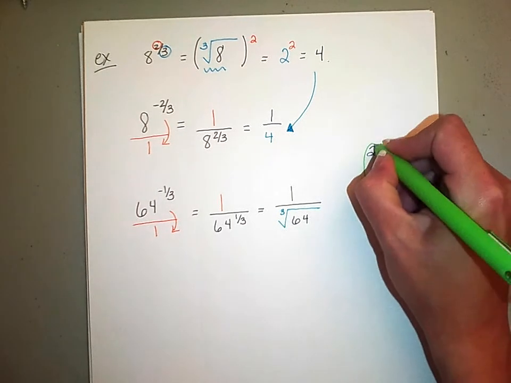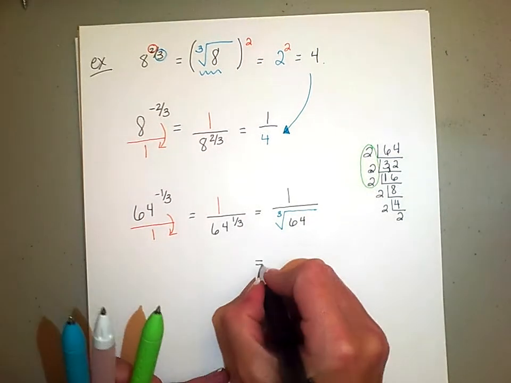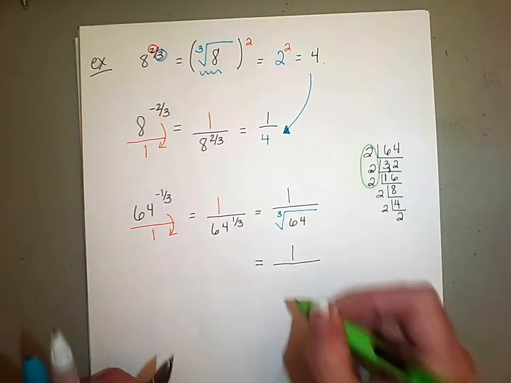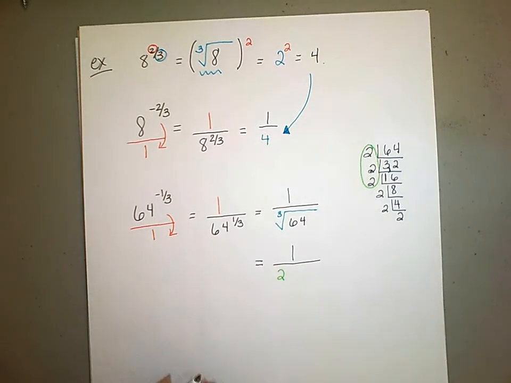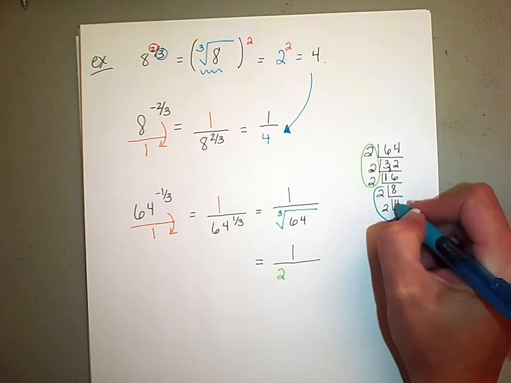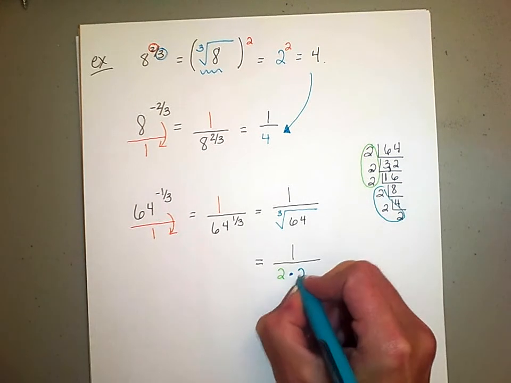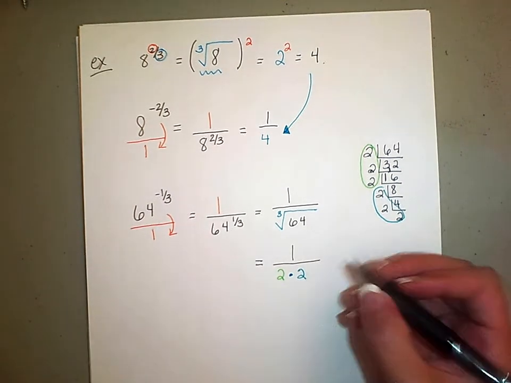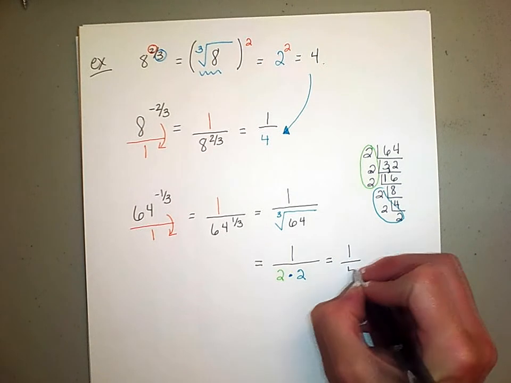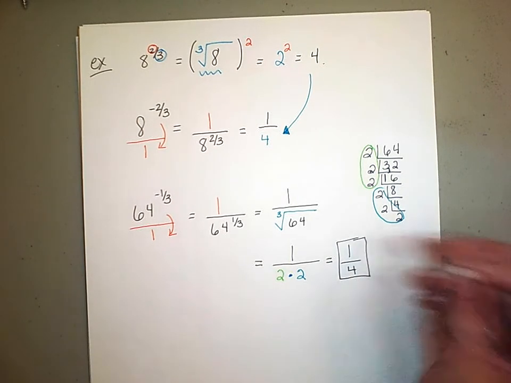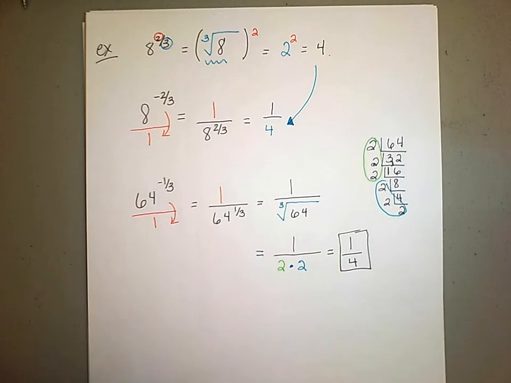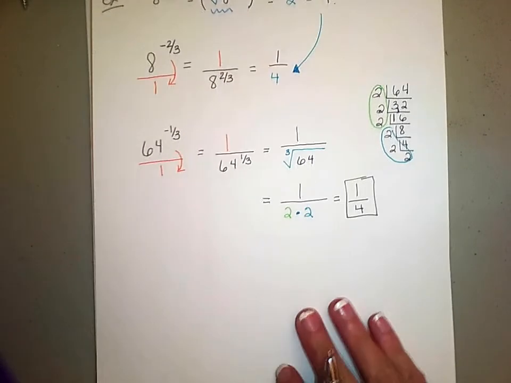And I have one group of 3 there. So that can come outside of the radical. So from that group I get a 2. And here's another group of 3. So I will multiply these together. And so in the end, this is also equal to 1/4. So that's how you simplify rational exponents. Now let's solve with some rational exponents.